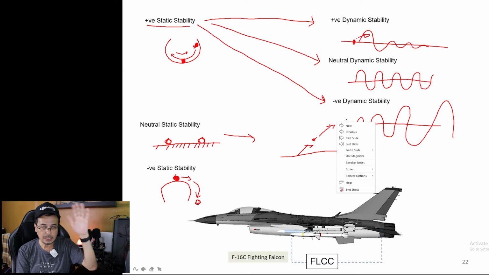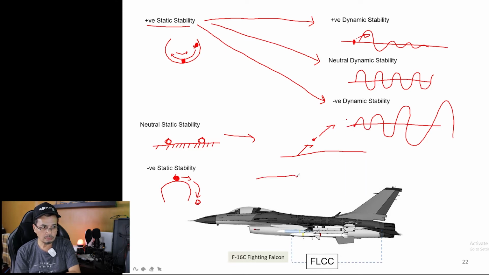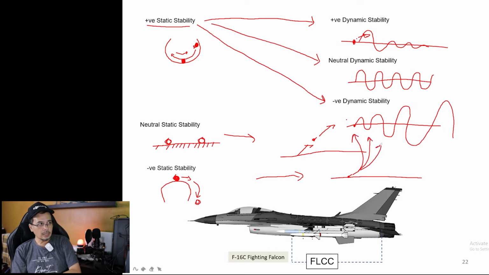They will stay where you put the plane. And when we talk about negative static stability in dynamic terms, when we deviate from the normal path, it can go haywire. So that's the terms that we refer to for positive static, neutral and also negative stability.